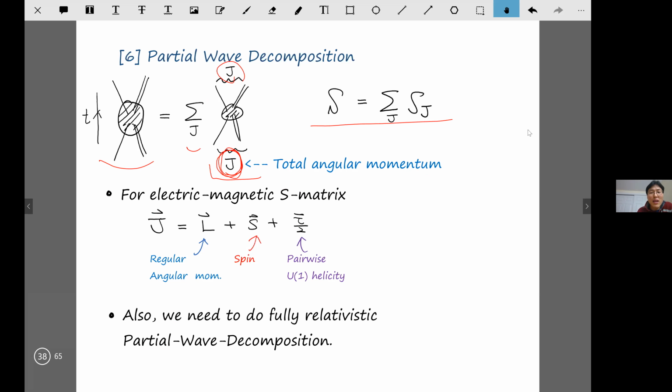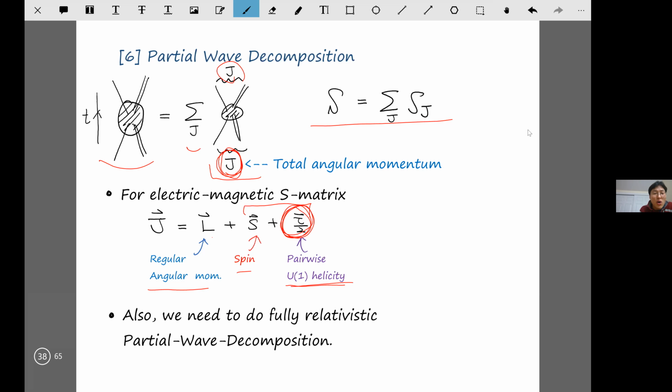In the electromagnetic S matrix, total angular momentum has a regular angular momentum piece and then spin. But on top of that, we have been dealing with the extra pairwise U1. In fact, this is the isospin contribution, and it behaves as if it were a spin. It is the same thing.